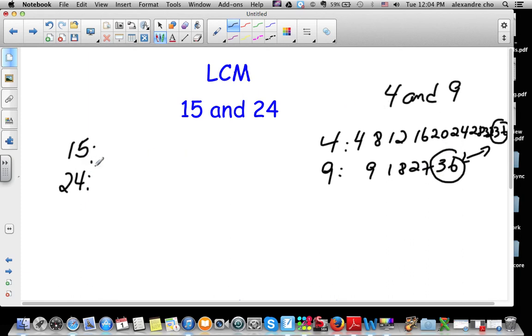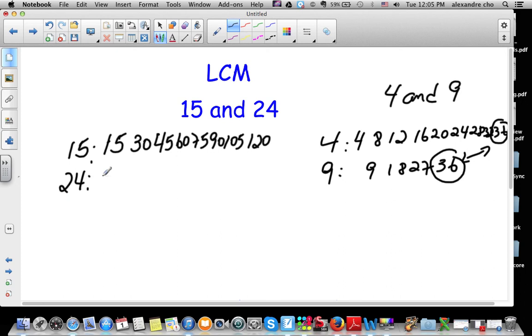Okay, so 15 and 24, it's a little bit harder because probably we get a bigger answer. So let's see, multiples of 15: 15 times 1 is 15, 30, 45, 60, 75, 90, 105, 120.